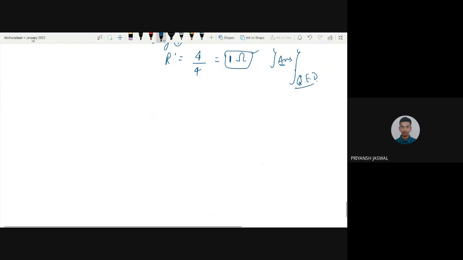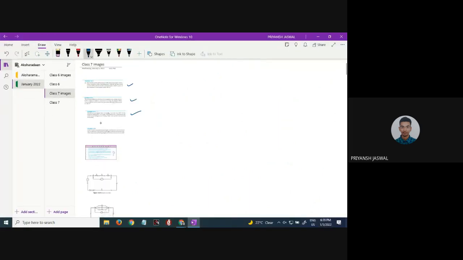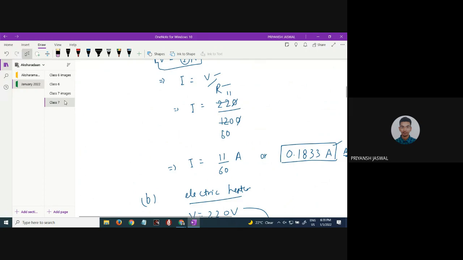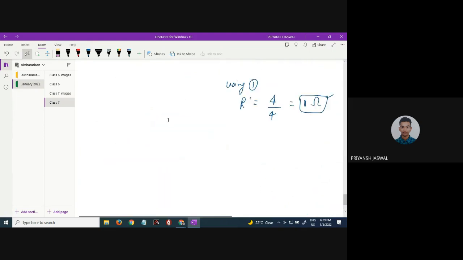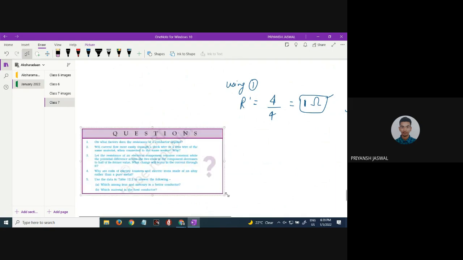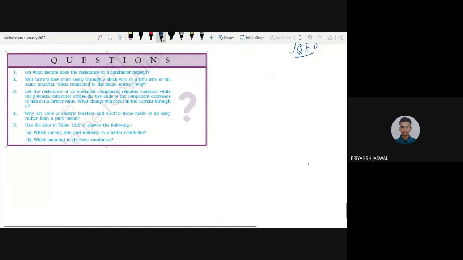Now on to the next question. Question number 1 is: on what factors does the resistance of a conductor depend? So the formula of resistance is rho L by A. Here there are 3 factors.